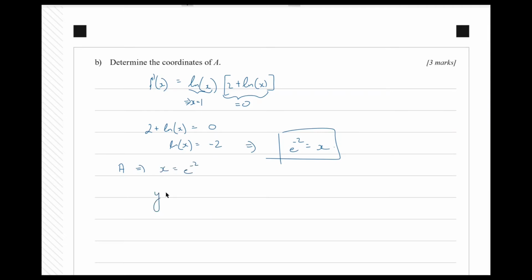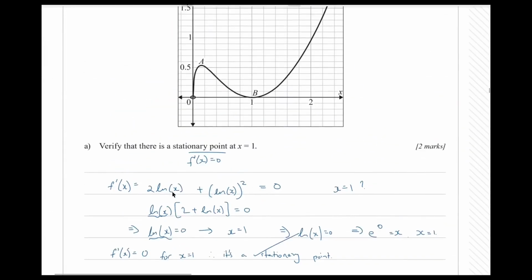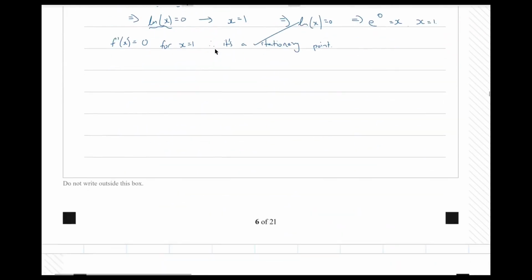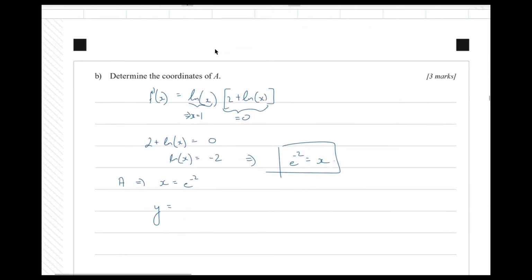And now we have to find the y coordinate. We're given the equation for y. It's x ln x squared. So y equals x ln x squared, and we want to sub in e to the -2.